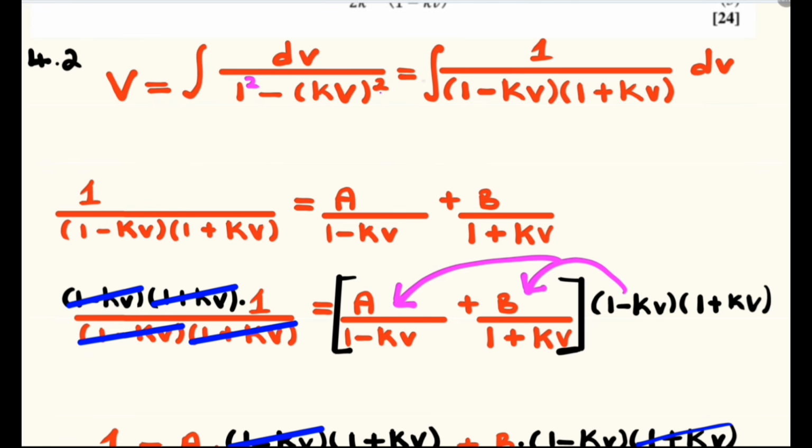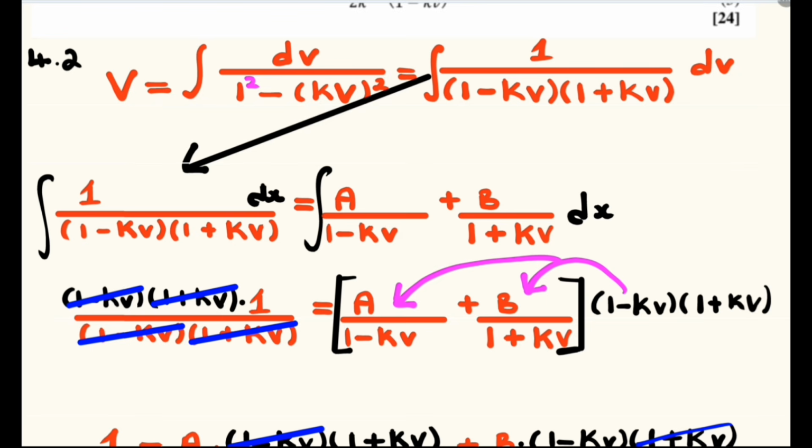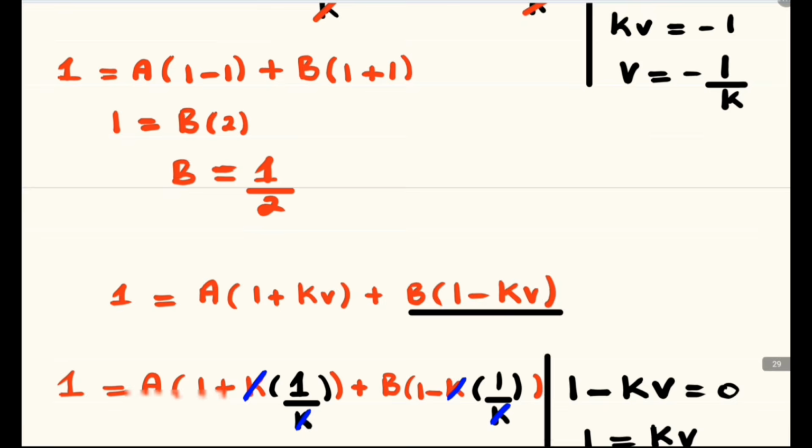Remember that we had to simplify our integral, so this is just the same as what we have. The right and the left are equal, so we can take the right because we know the values of a and b.